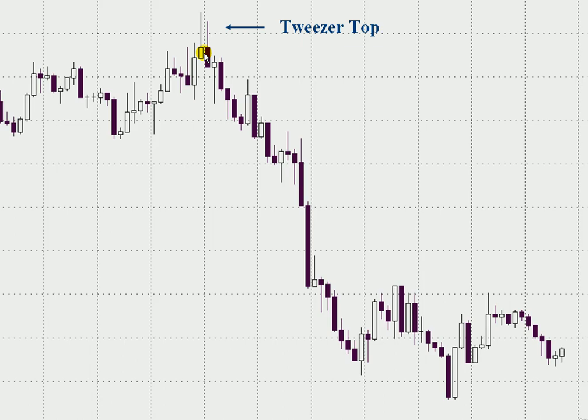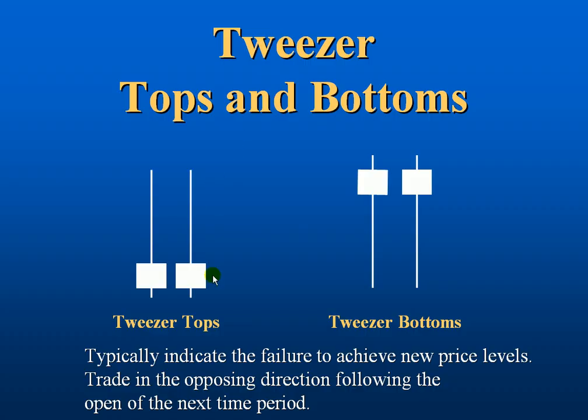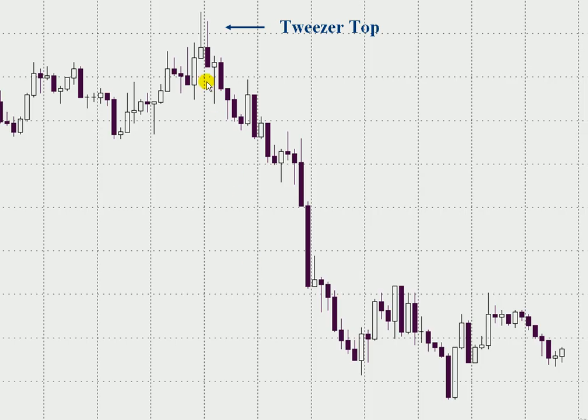Now these are not the perfect exact tweezers like we saw here, which brings a point, and that is that the more symmetrical these candlestick formations are, the higher the probability that the move that you anticipate will come to fruition. Not perfect tweezers like we saw. It will never be technically perfect, but a real nice rejection at the highs, an exhaustion, followed by a nice down price move.